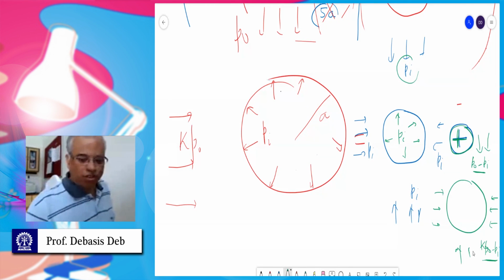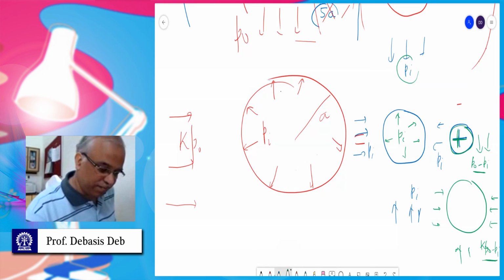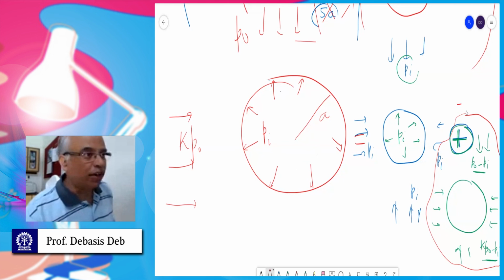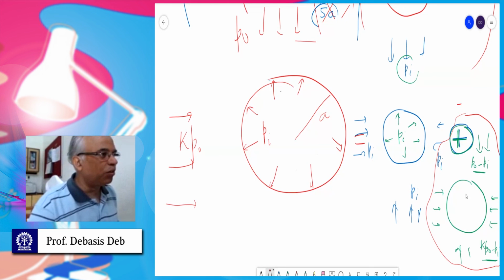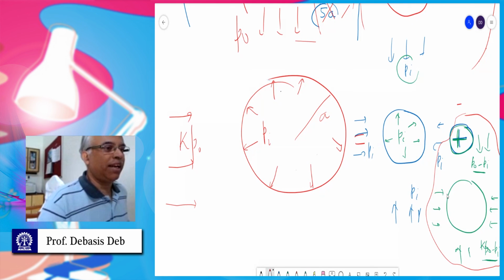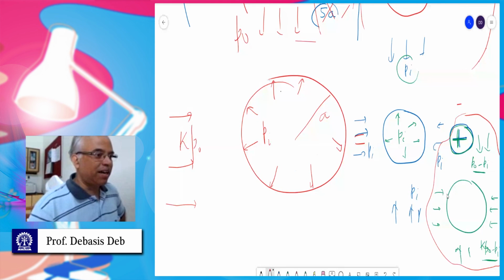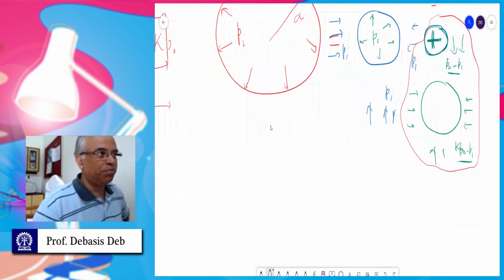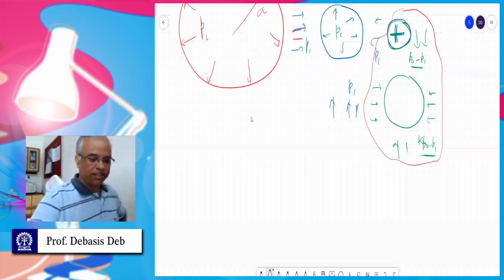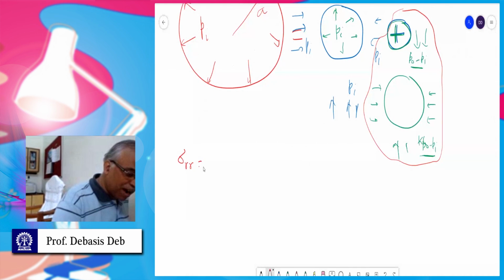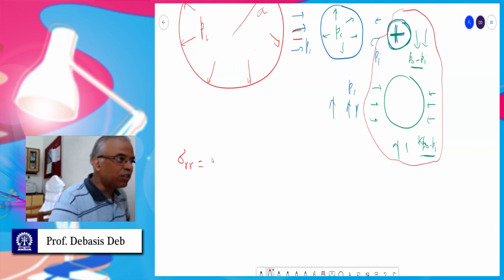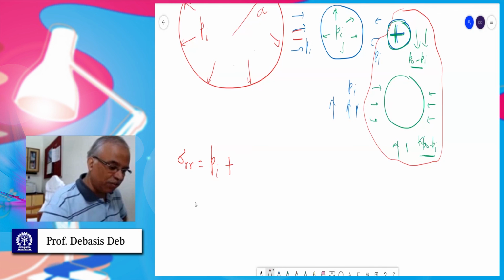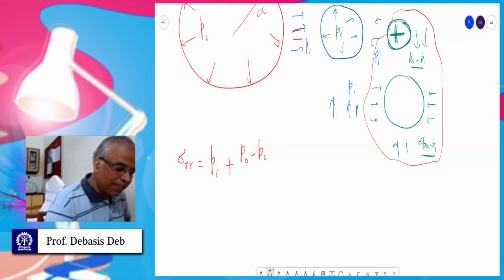Now, why we are doing it? You see this one, this becoming my Kirsch's solution. Okay, I can now do, because Kirsch's solution says if there is no internal pressure, I have an equation. Okay, so this can be now written as, let me show you here. So if I write sigma RR, this will be Pi, the first one is Pi, simple, plus this one I will write now, P naught minus Pi by 2.